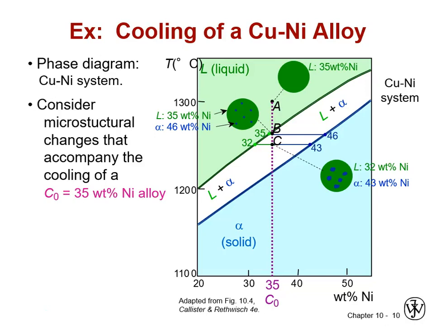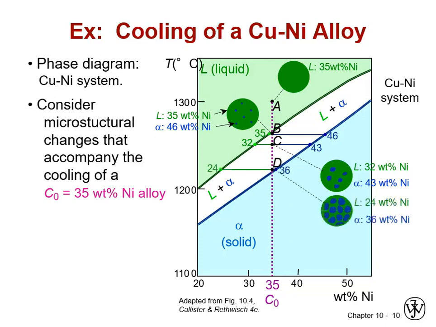Now it's only 32 weight% nickel. It started at 35, so it's lost some nickel. Well, that nickel's been picked up by the precipitates, which, on the average, have a little bit less nickel overall than those initial precipitates, but still quite a bit more than the average.